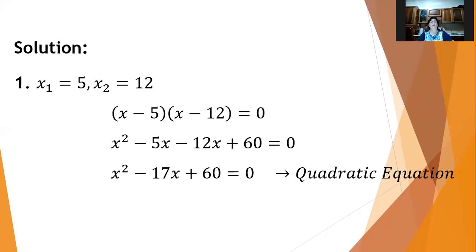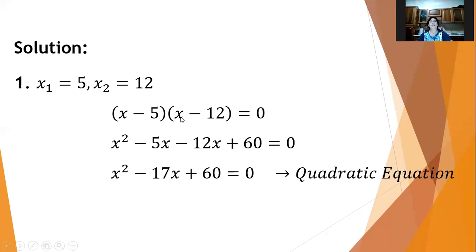Now, again, this is the solution. Number 1, x sub 1 is equal to 5. x sub 2 is equal to 12. You have to derive the equation: (x minus 5)(x minus 12) is equal to 0. Applying the FOIL method, x times x is equal to x squared. -5 times x is equal to -5x. x times -12 is -12x.